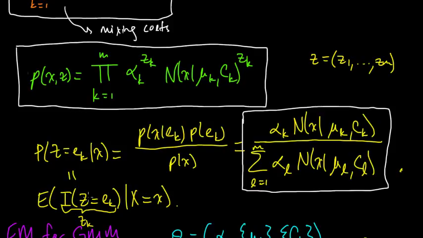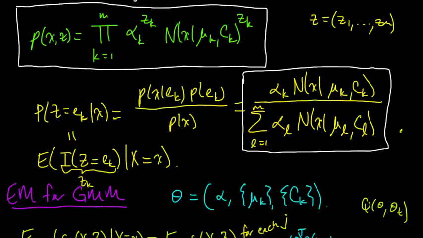So this conditional expectation of zk or zik given x is equal to this thing. And this we can compute directly. We know x, or in this case it's going to be xi if this was zik. We know xi, and we know what all the parameters now are.